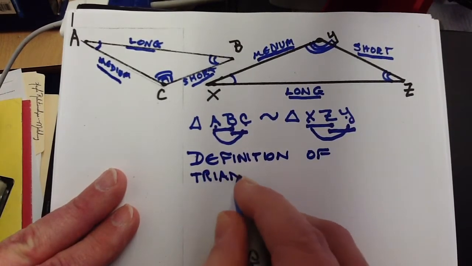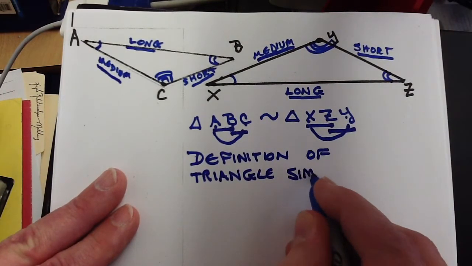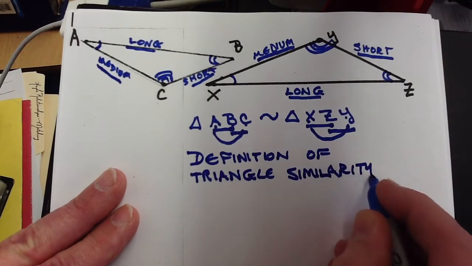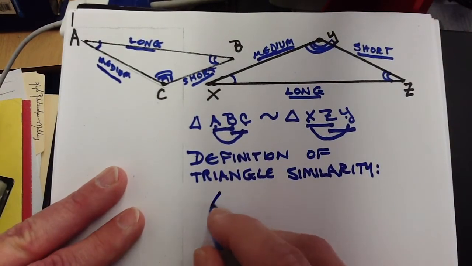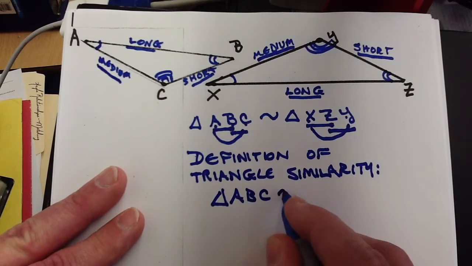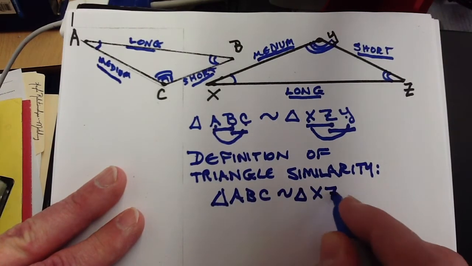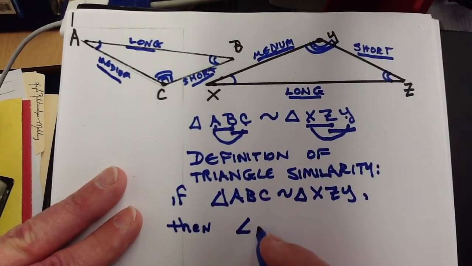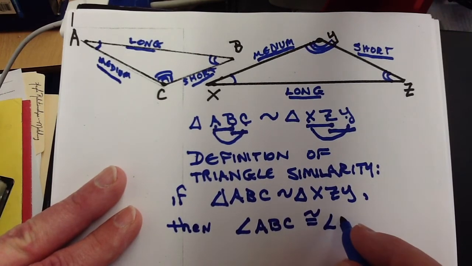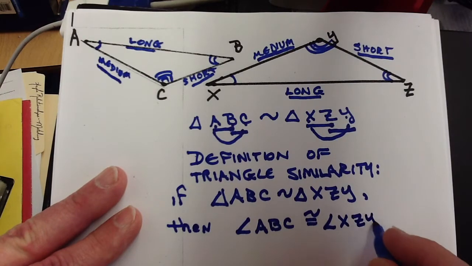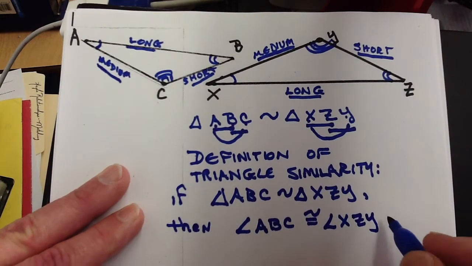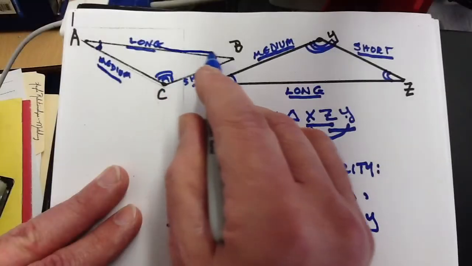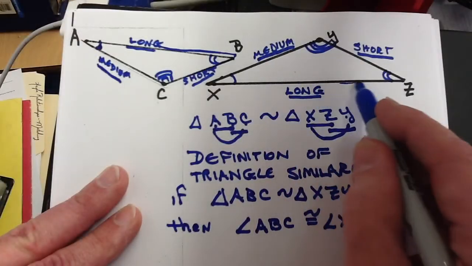Now, the definition of triangle similarity involves a number of different elements. First of all, there have to be 3 pairs of congruent corresponding angles. So if triangle ABC is similar to triangle XZY, then that means that angle ABC is congruent to angle XZY, and you can see again that's long and short, and long and short.